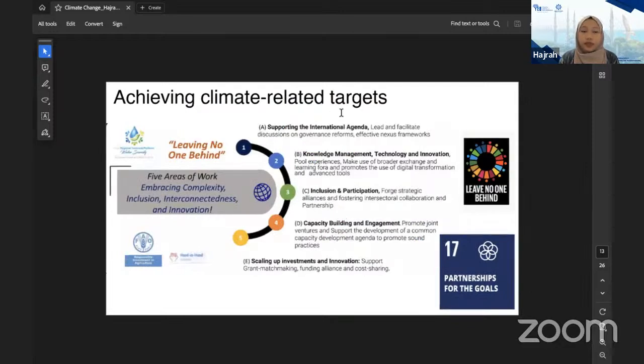And in order to achieve the climate related targets, we need a lot of efforts here.